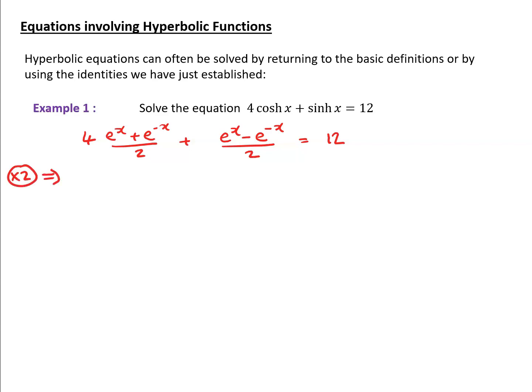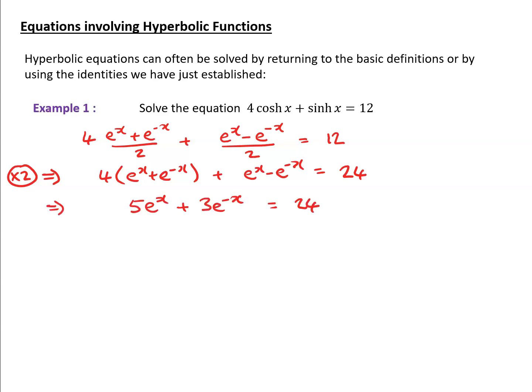If we tidy that up, we can first of all multiply by 2 to clear the fractions out. We've got 4 lots of e to the x plus e to the minus x, plus e to the x minus e to the minus x must equal 24, which tidies up to 5 e to the x plus 3 e to the minus x equals 24.